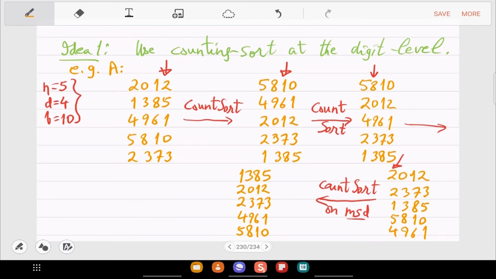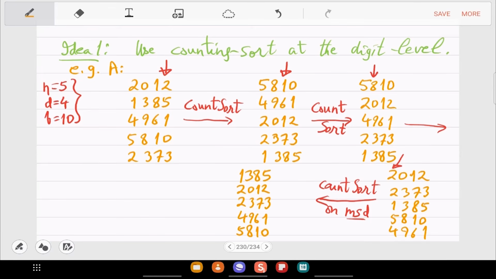Do you see where we needed count sort stability? Here you see that stability is important. For the least significant digit, when we did count sort, they were distinct keys, but when we did it the second time, there you see 161, so 1 appears twice.